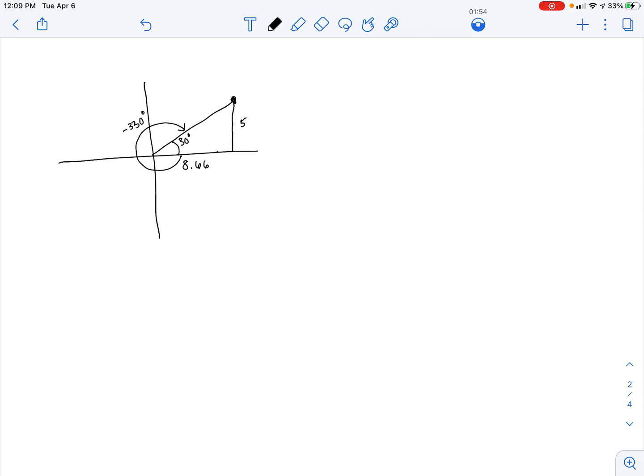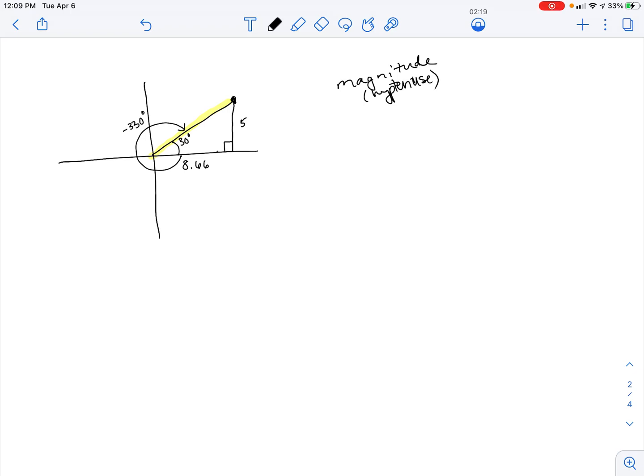Okay, so here, let's just refresh our memories again. A vector is a quantity that has both a magnitude and a direction. And we know that the magnitude is this line right here. That's the magnitude, or the line of magnitude, which is always the hypotenuse when we draw this right triangle down here.